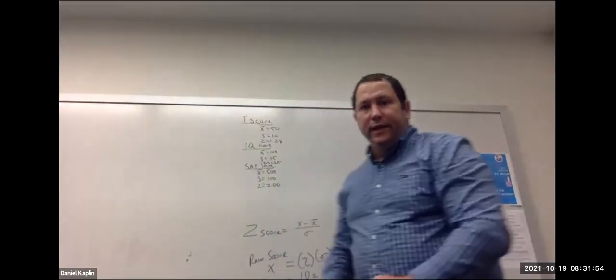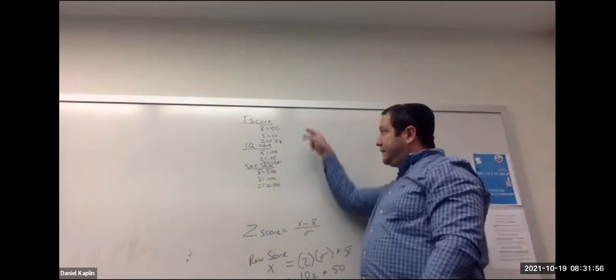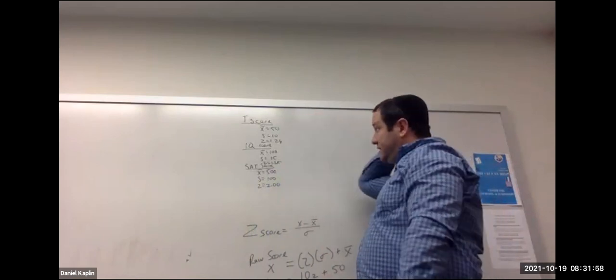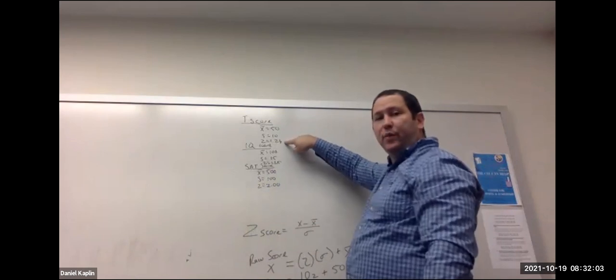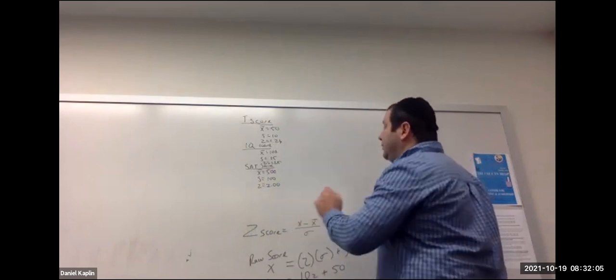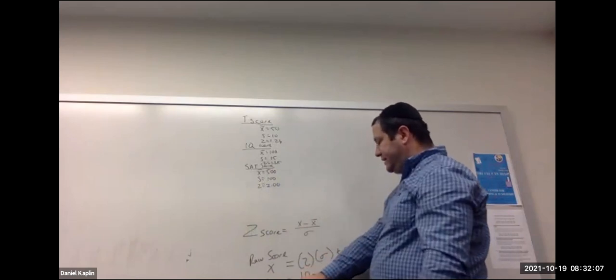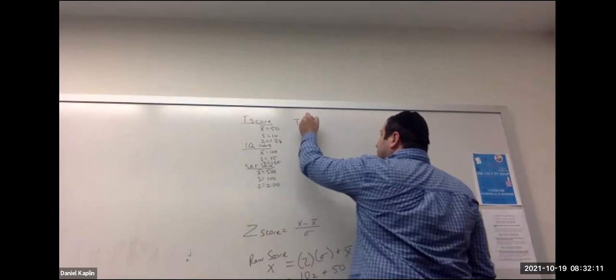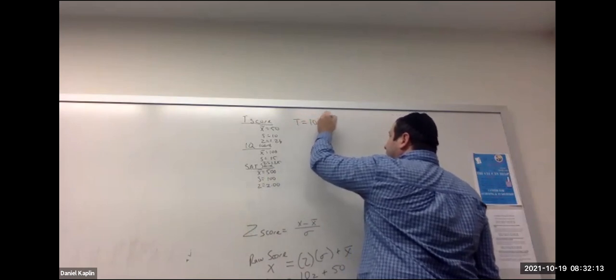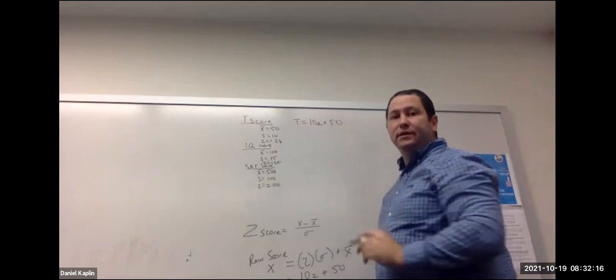All right, so here we are. On your slides, the first slide on T-score was, what would the T-score be if we had a Z-score of 1.26? No problem. So we plug in our T-score formula. T equals 10Z plus 50, right?